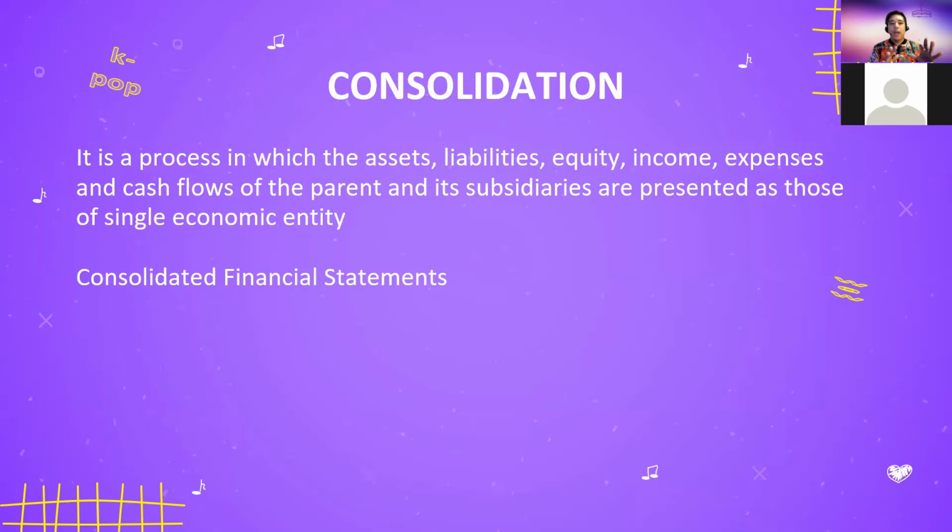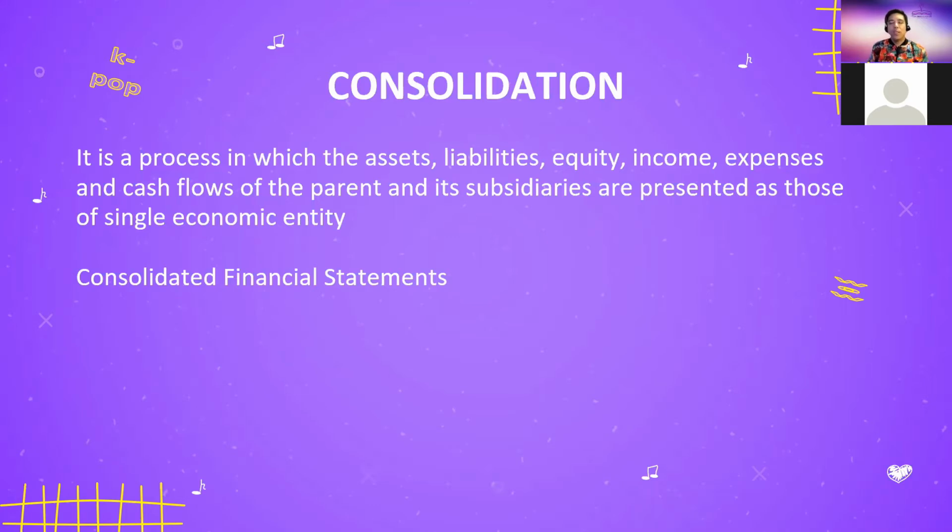So we have the acquirer and the acquiree. Since the control is present, it's best to think of the relationship between those two entities as parent and subsidiary. In today's session, we're going to prepare the consolidated financial statements.